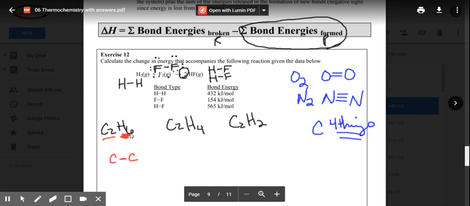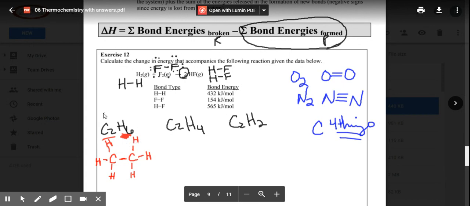So since there's 6 hydrogens present, I'm going to distribute 3 hydrogens to each carbon. So there's 1 hydrogen, 2 hydrogens, 3 hydrogens to this carbon, and I'm going to do the same thing for this carbon. So there's 1 hydrogen, 2 hydrogens, 3 hydrogens.